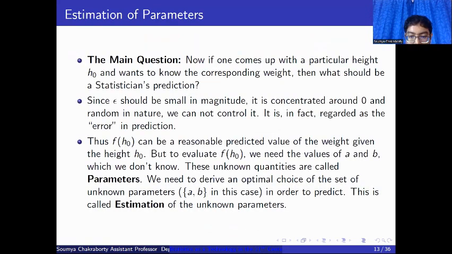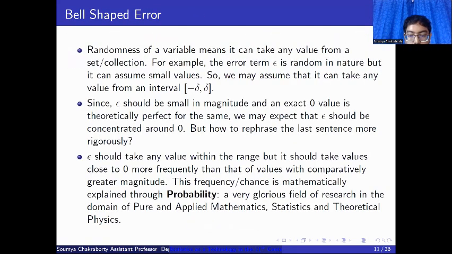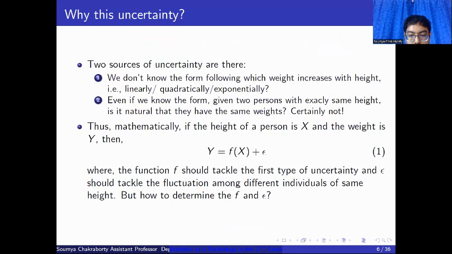So in this model, we have a deterministic component, that is f of x, and a random component, which is epsilon. If this random component is small, then we will say our model is good. And to predict y on the basis of the value x, we need to evaluate just f of x, and that will be a representative of the unknown y.